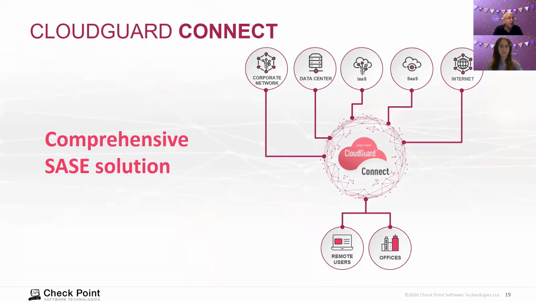At the center, we have CloudGuard Connect. It's our cloud service, our cloud firewall as a service fabric with all of Checkpoint's security stack and networking stack in it. Essentially built as a one-point service that enables you to securely connect either your users or your offices, your branch offices, to whichever applications they need, or to go to the internet or to SaaS applications.